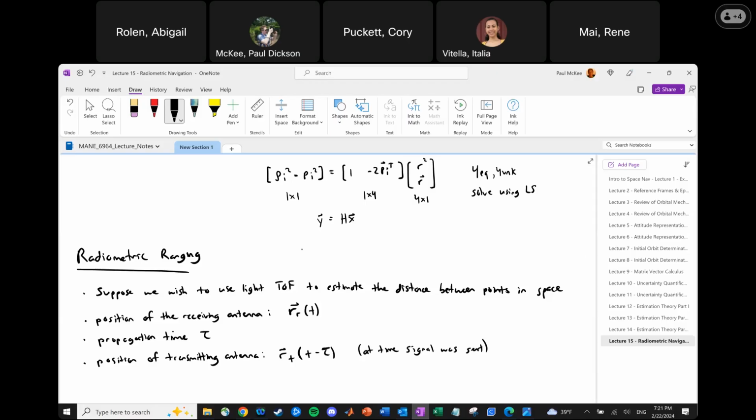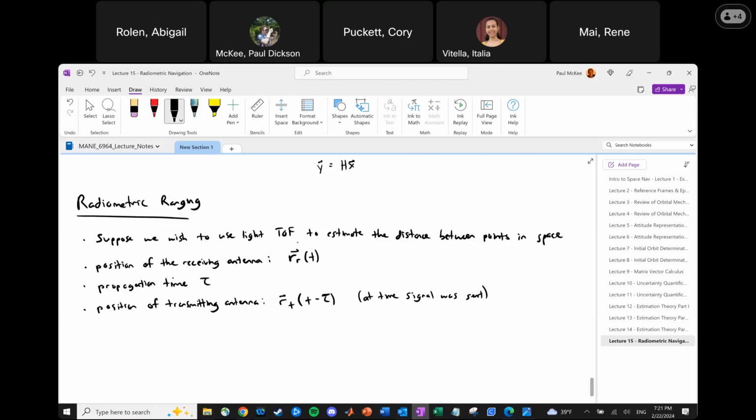And then we have to consider that there are biases in both clocks. And that causes measured time to differ from real time. So here comes one of my favorite equations in this class, and that's the equation for transmitter time.